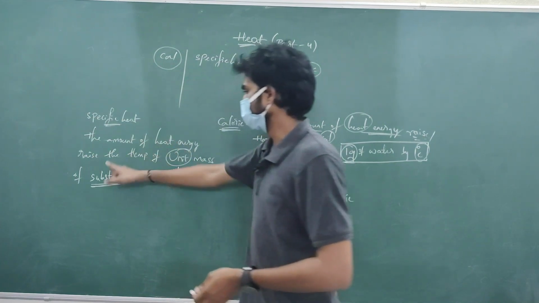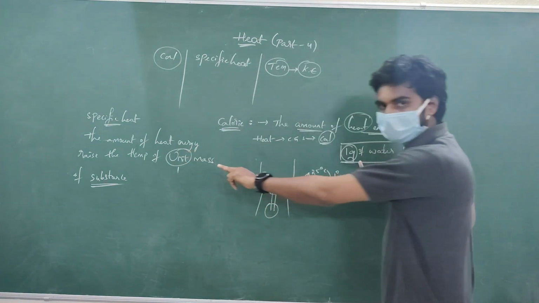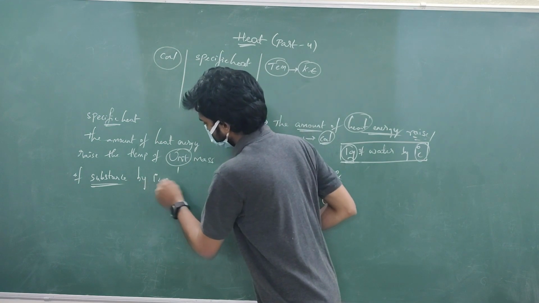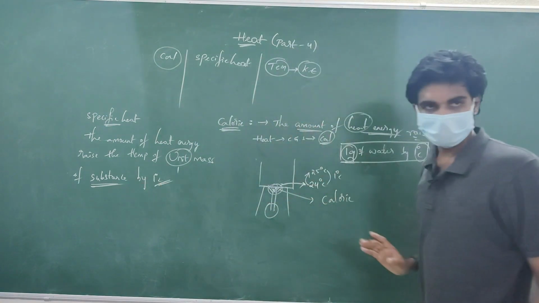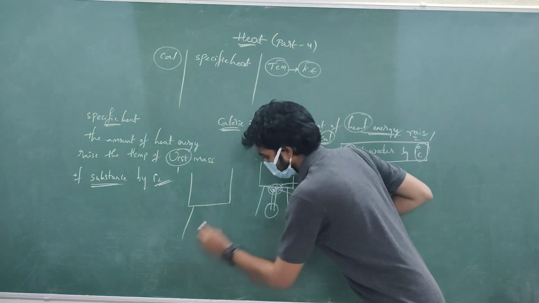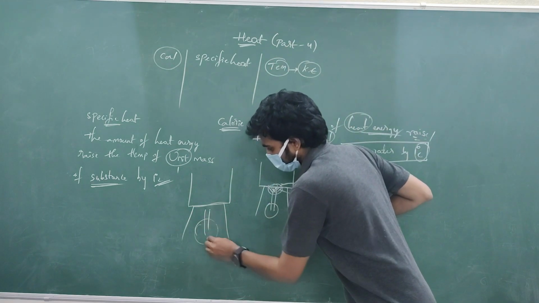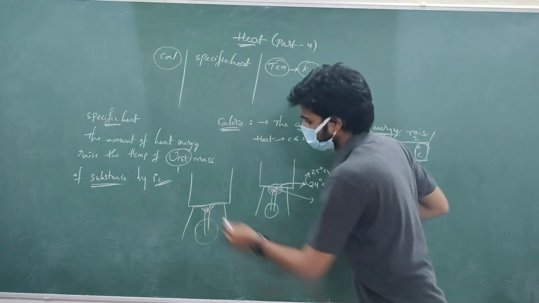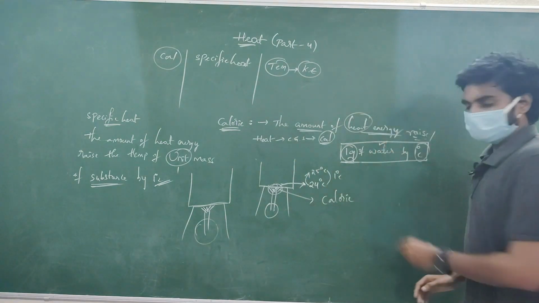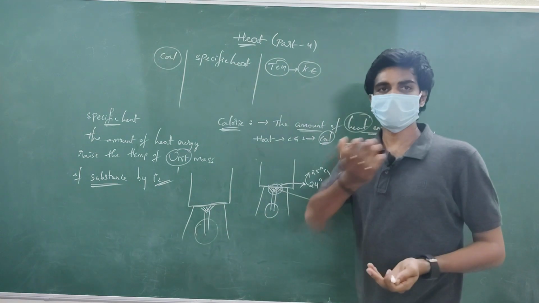Here the amount of heat energy required to raise the temperature of unit mass of a substance by 1 degree centigrade. You need to observe the difference, right? Same for here also. Here also we will take the beaker and put it on a stand, because without the stand the bowl might fall down. Now I lighted the Bunsen burner again. Inside I had taken unit mass of a substance. Not only water, we can take several kinds of substances as well, like kerosene or petrol or diesel, anything you might take.